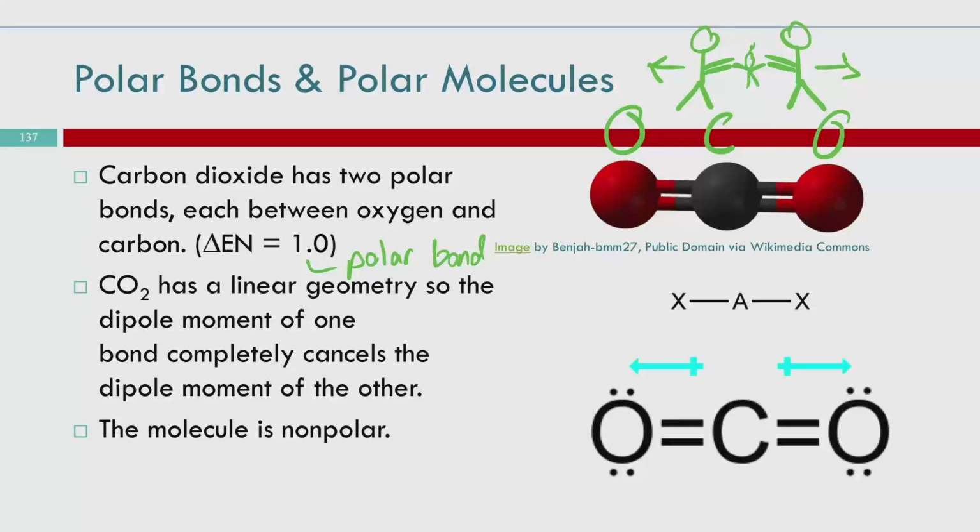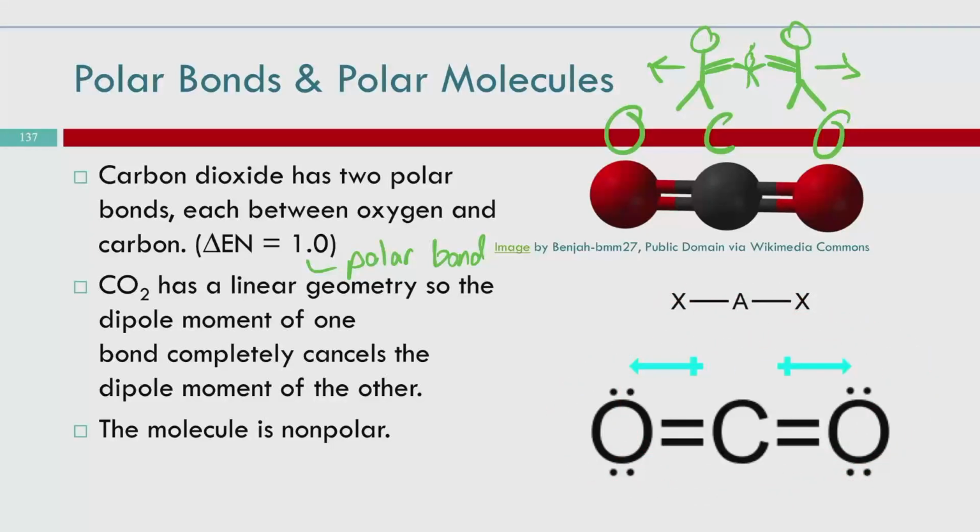So if they're both pulling, what direction are they all moving? They can't move out infinitely, right? Because there's something in between them holding them together. So it's just going to be essentially the force of the oxygen pulling this way versus the oxygen pulling that way. And since they're the same thing, those forces cancel out, which is what we're showing down here.